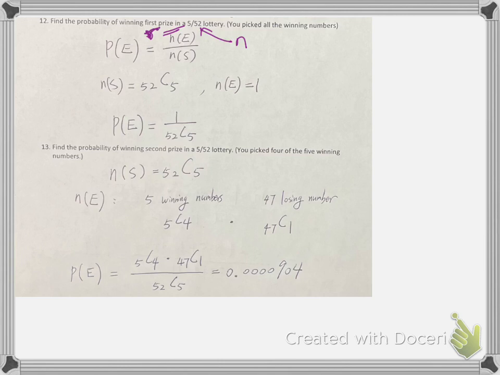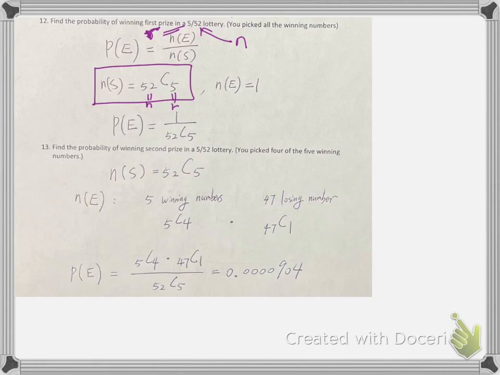This is the r for the denominator. How many possibilities can you make for a different winning number? We choose 5 from 52. The lottery is a combination: you match all the numbers, and the order doesn't matter. That's the rule.